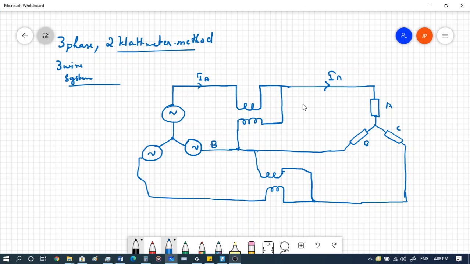Let's call this IA, IB, and this current is IC in this case.